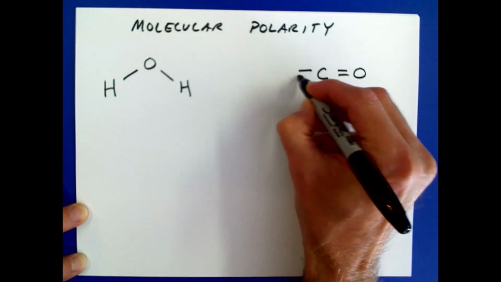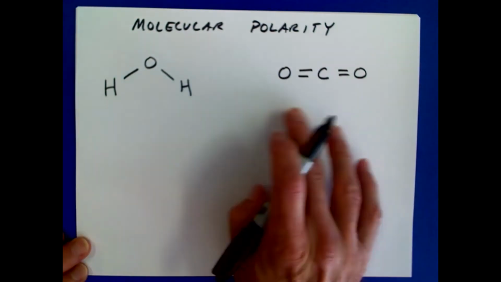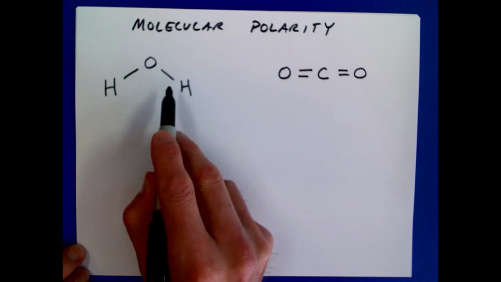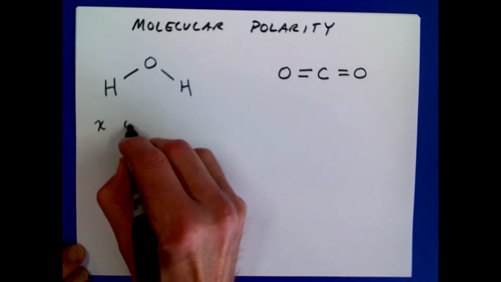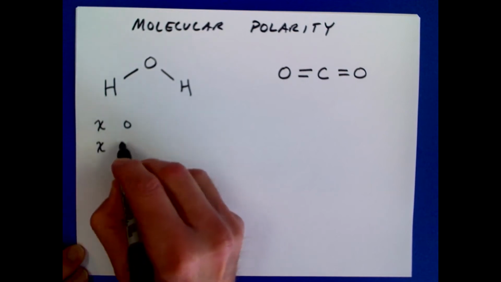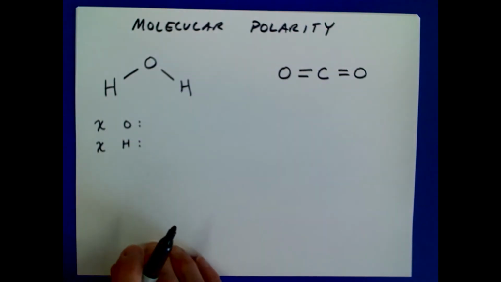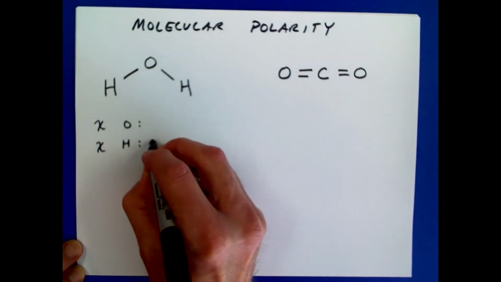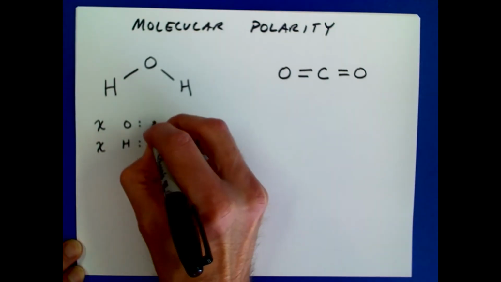I've drawn the Lewis structures for both molecules, ignoring lone pairs, here for water and here for carbon dioxide. Water has two OH bonds, so we want to look up the electronegativity for oxygen and for hydrogen. Hydrogen has an electronegativity of 2.1, and oxygen has an electronegativity of 3.5.